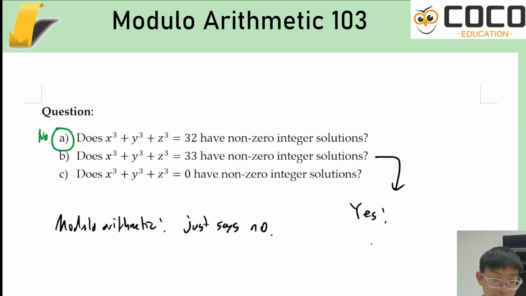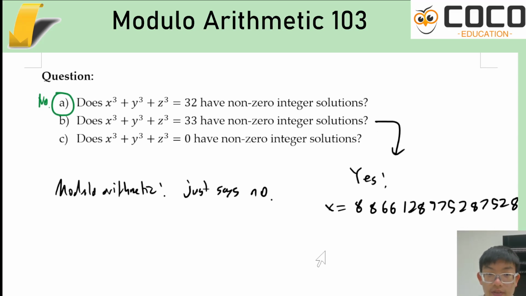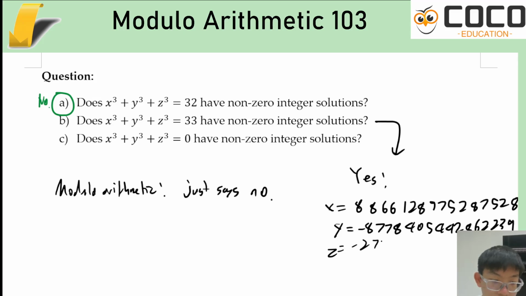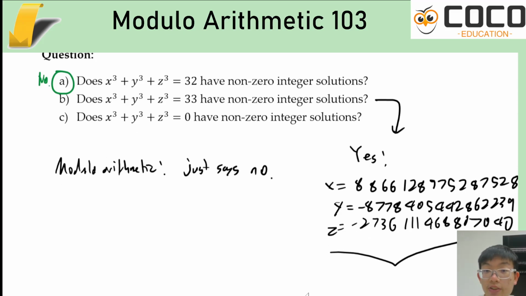And very famously, I am actually looking at my phone right now because the answer is x equals 8866128975287528, y equals negative 8778405442862239, and z equals negative 273611146880740, which is actually the smallest solution, believe it or not.